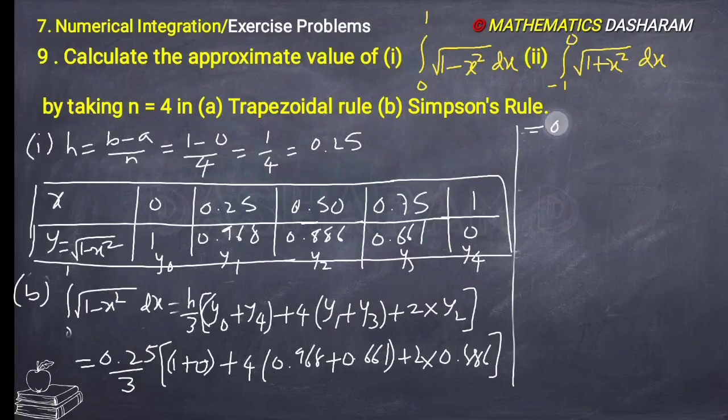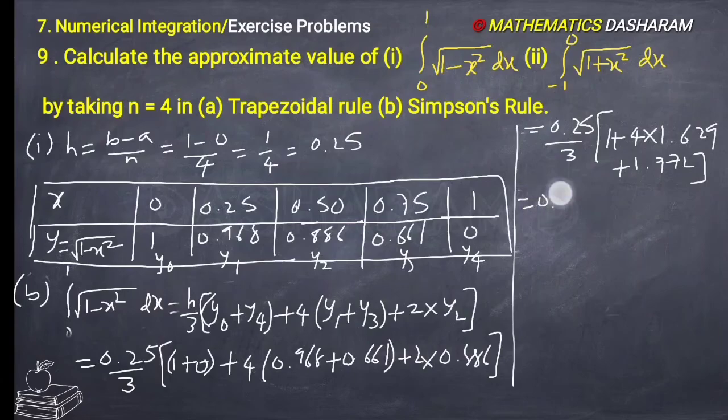So it is equals to 0.25 divided by 3 bracket of 1 plus 0 is 1 plus 4 into 0.968 plus 0.661 is 1.629 plus 2 into 0.886 is 1.772.